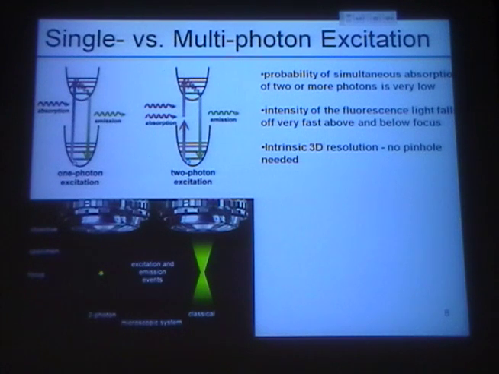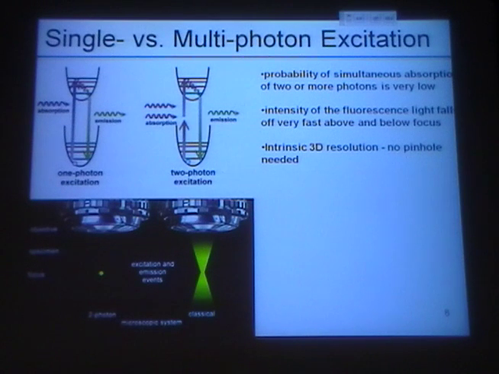So you need pretty high laser powers, but the big advantage that you can see by looking at the fluorescence pattern corresponding to the two photon absorption process is that it's three-dimensionally confined, right? Because the intensity of fluorescence light coming from this spot is falling very quickly, not only in the plane perpendicular to the optical axis of the microscope, but also along the optical axis of the microscope, right?